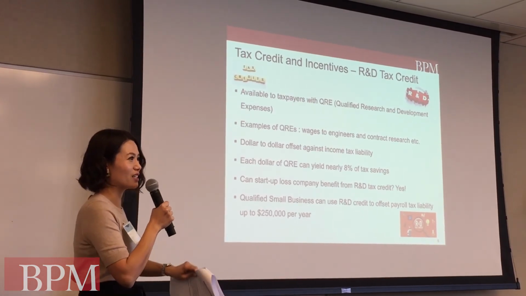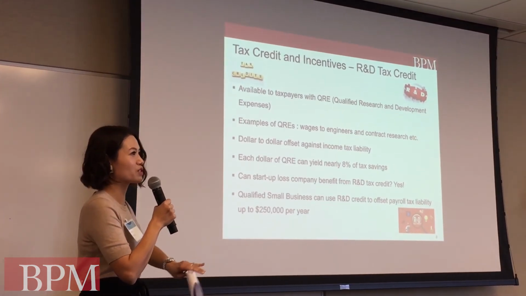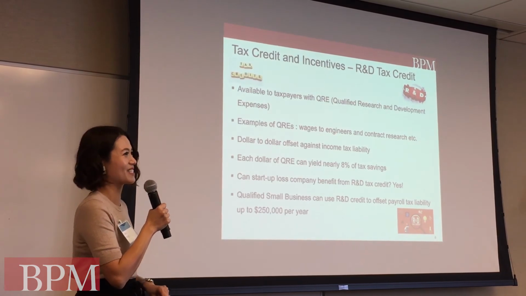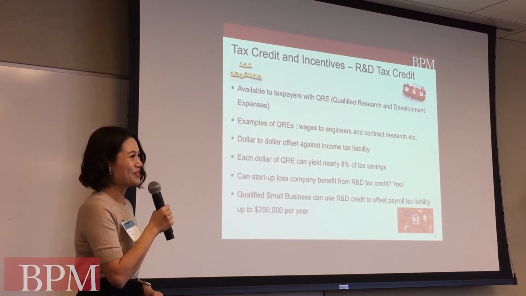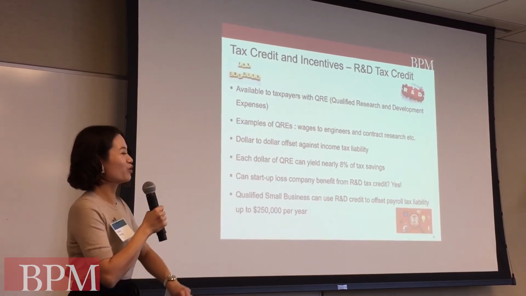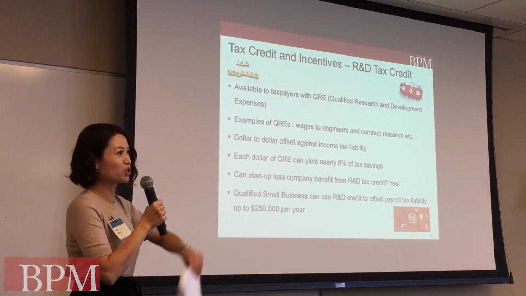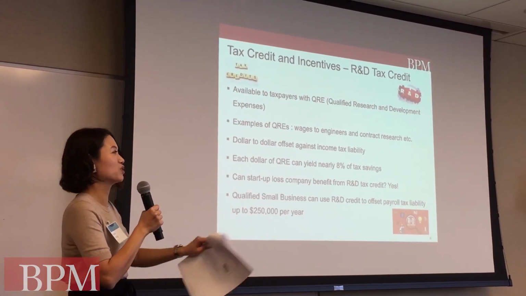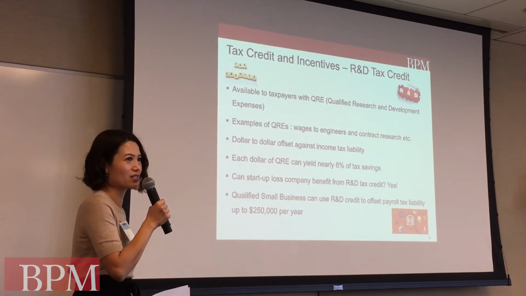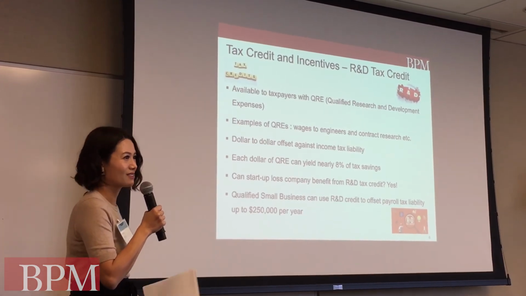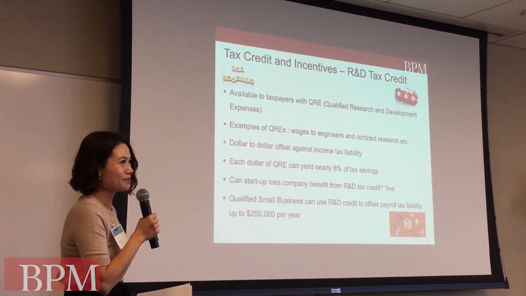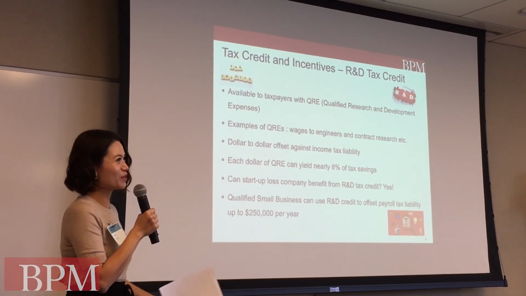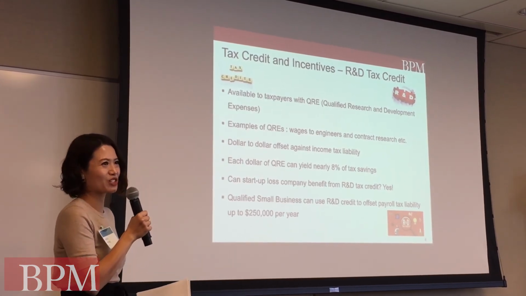So in California, you cannot use that to offset the California payroll tax. But if you have a California tax liability and your research is done in California, then you can use it, because California also has an R&D credit. Oh, okay. But you can't use it for payroll tax. Yes, the payroll tax offset is just for federal.